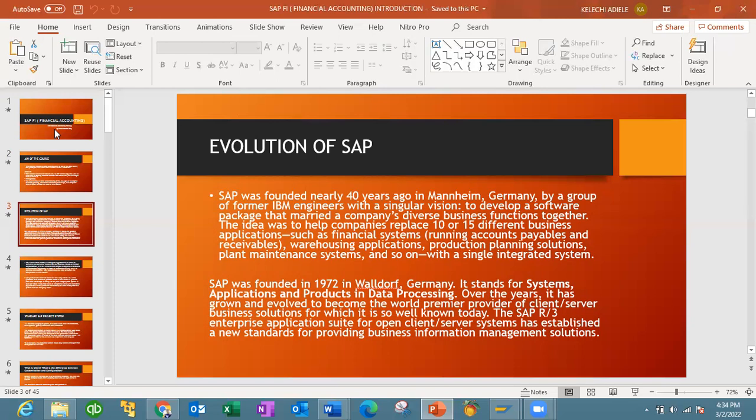So when they say SAP is an ERP, it means enterprise resource planning. If you break that down, basically it means that you have an enterprise, which is a business, and that business has activities. Resource is both human and capital resources available for that business to carry out its activities.